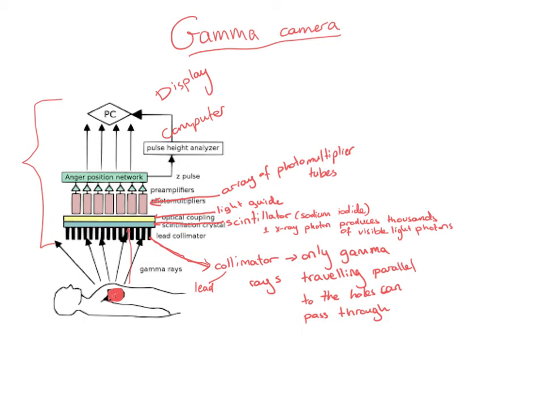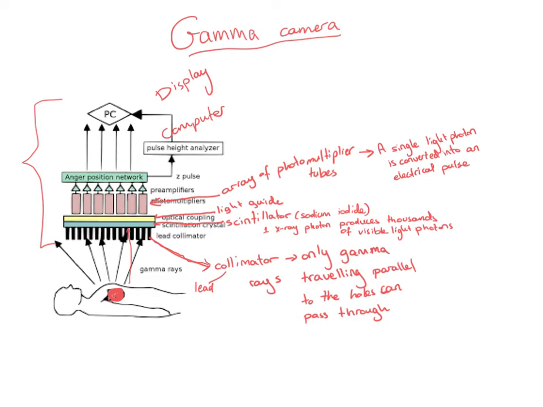And then we have the light guide. You don't need to know that much about that part. It's not that important in terms of knowing it. But the next part that's very important is the array of photomultiplier tubes. So basically what you have is a single light photon that gets converted into an electrical pulse.